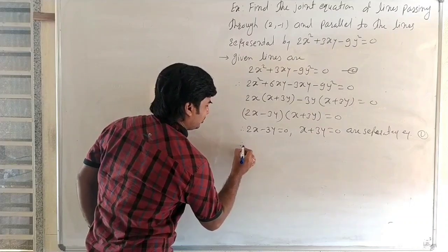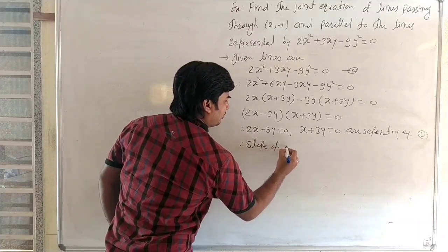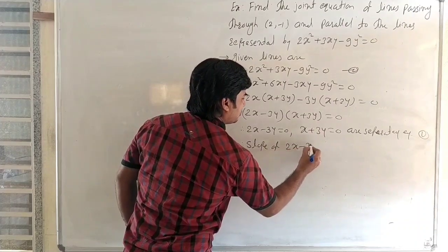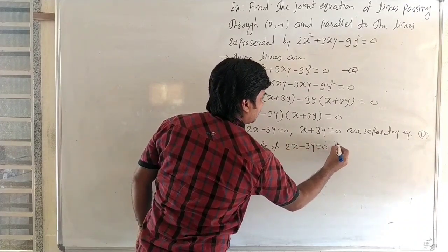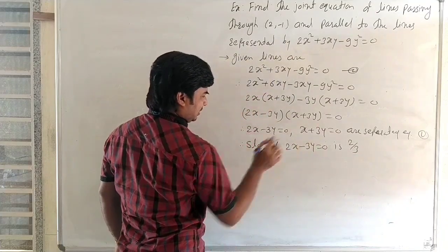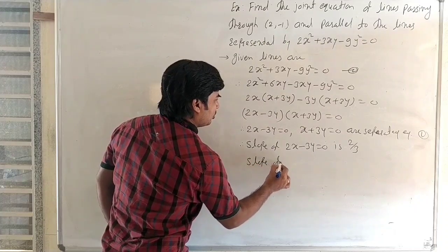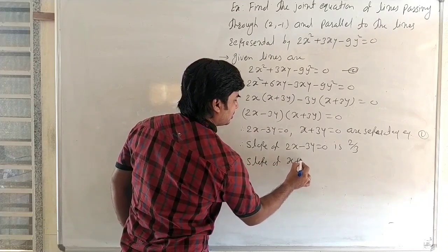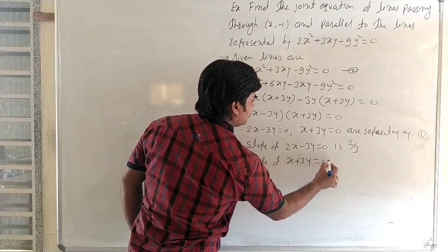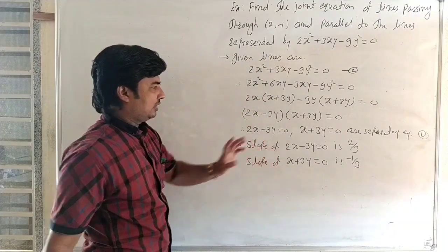Therefore, we find the slope of these lines. The slope of 2x minus 3y equal to 0 is minus 2 by minus 3, that is 2 by 3. And the slope of x plus 3y equal to 0 is minus 1 by 3. It is the slope.